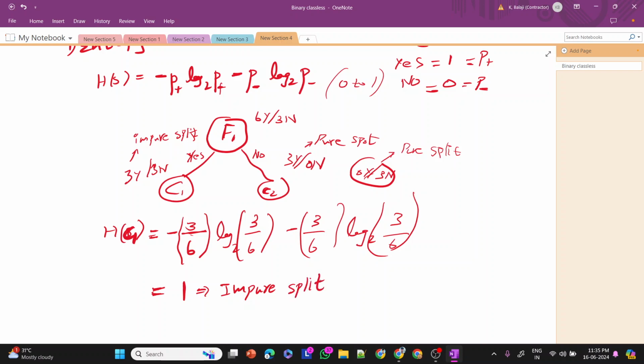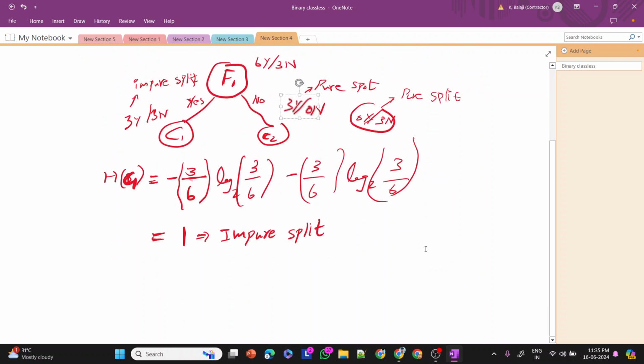Let's compute entropy for C2. For C2, just apply the same formula.